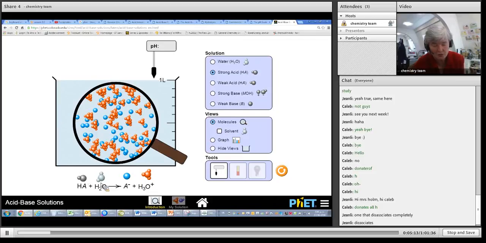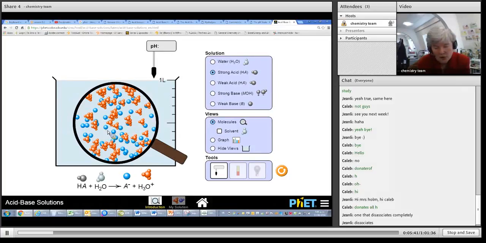It's too reactive, it'll get attracted to something. So we represent it as H3O plus, and we're left with the anion. Notice the arrow goes all the way to the right. It dissociates completely and there's no back reaction. So when you look at what we've got here, you've only got the blue anion, the hydronium ions, and the water molecules, which we don't show.